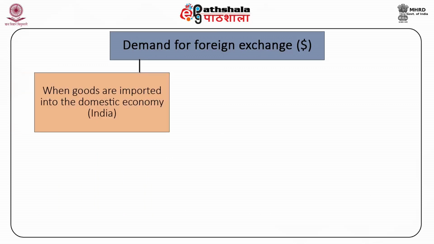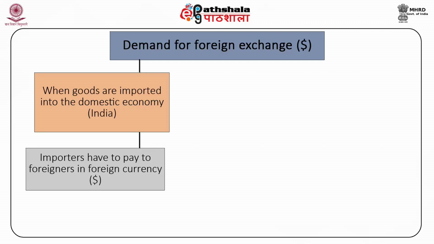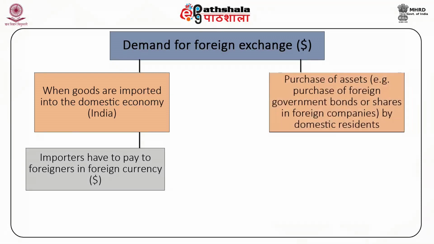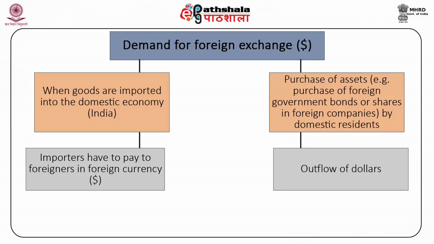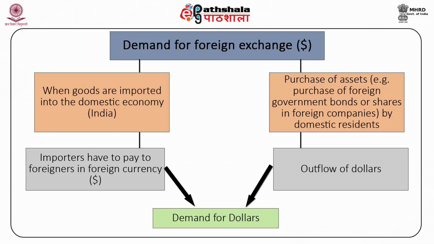When goods are imported into the domestic economy, India, importers have to pay foreigners in foreign currency, dollars, creating a demand for dollars. The purchase of assets, for example, purchase of foreign government bonds or shares in foreign companies by domestic residents, leads to outflow of dollars, again creating demand for dollars.